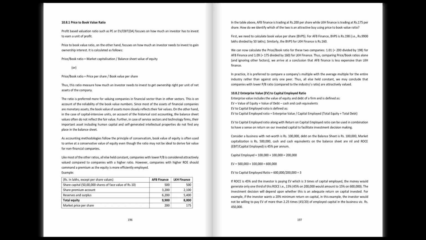EV equals 500,000 plus 100,000, which is equal to 600,000. EV to capital employed ratio equals 600,000 divided by 200,000, which is equal to 3. If ROCE is 45% and the investor is paying EV, which is 3 times capital employed, the money would generate only 1/3 of this ROCE, that is 15%. 45% on 200,000 would amount to 15% on 600,000.